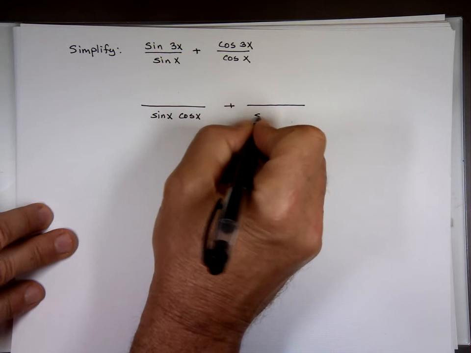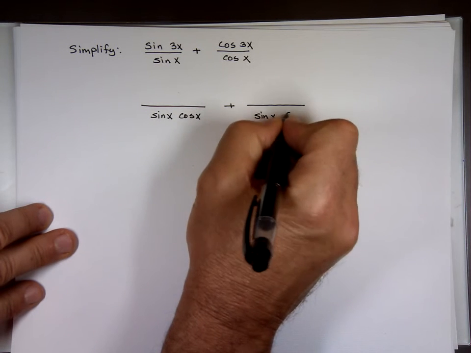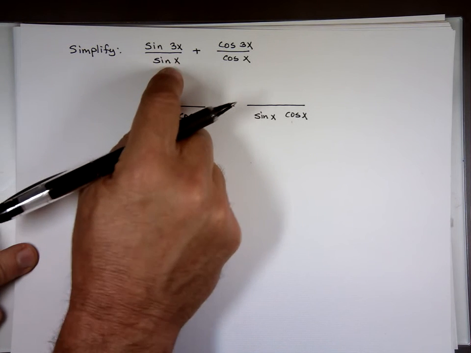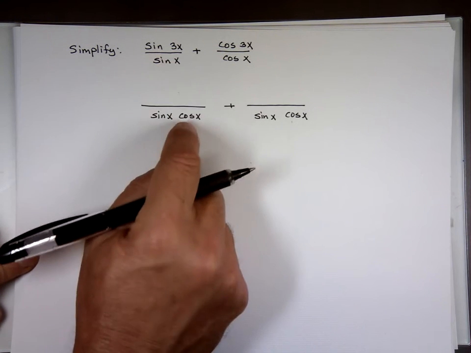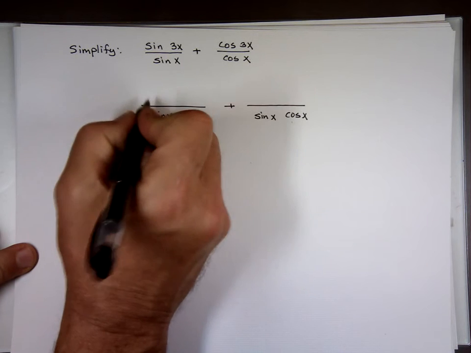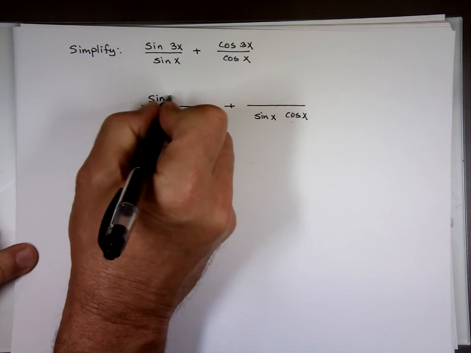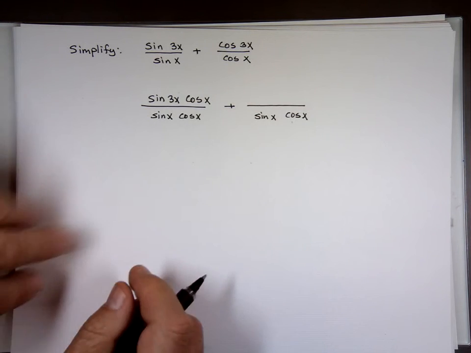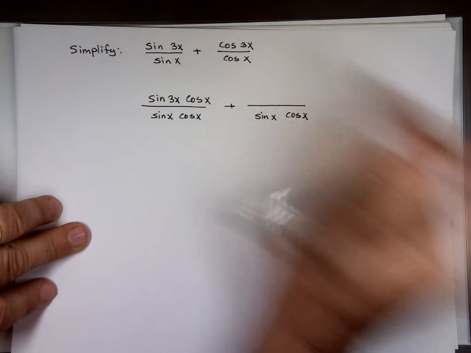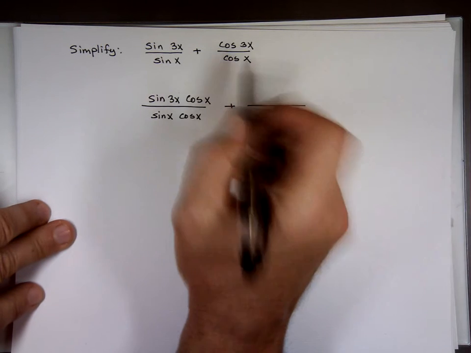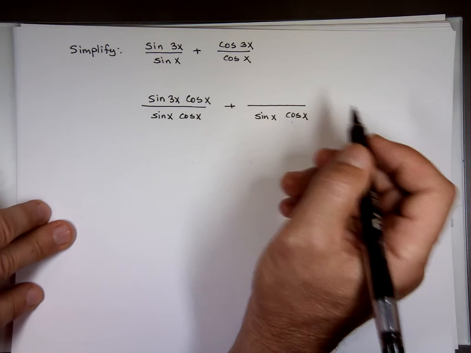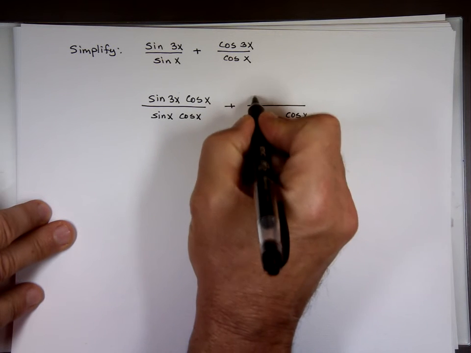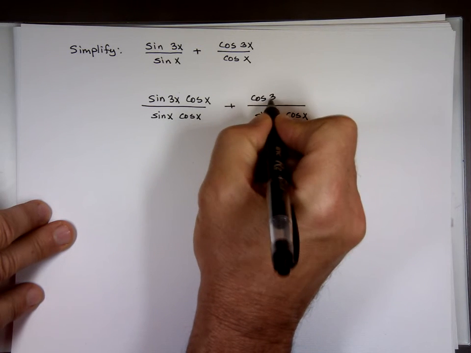I will have to multiply this by what? Cosine of x. So that would be sine 3x cosine of x. And this one will be cosine 3x sine x.